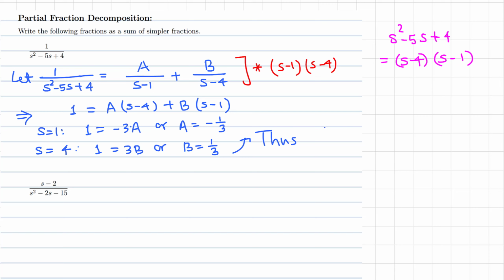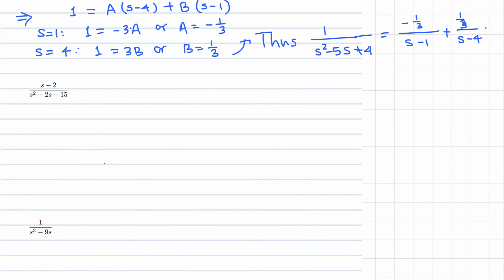Whatever that fraction is, it's the same as a over this, and a is negative 1/3 over that, plus b, which is 1/3, over the other. Now we can integrate or find the inverse Laplace transform. But here we are just writing this complex fraction as a sum of 2 simpler fractions.